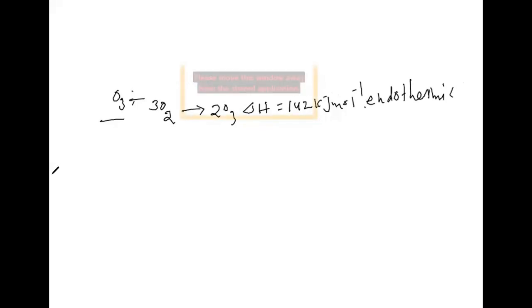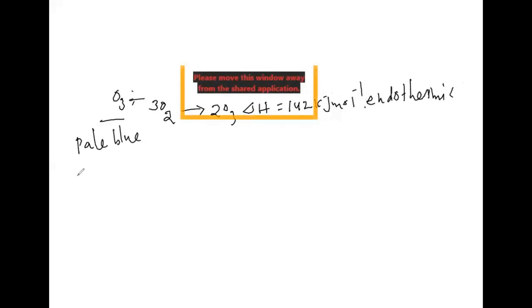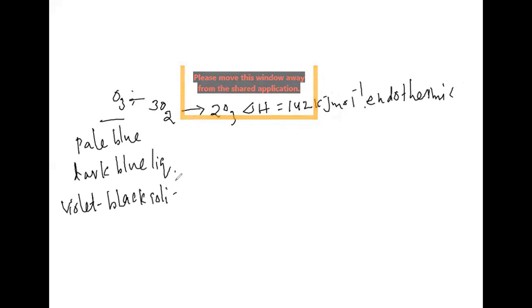Now, if you see this ozone, when it is a gas, it appears pale blue. When it is a liquid, it is a dark blue liquid. When you see the solid form, it is a violet black solid.